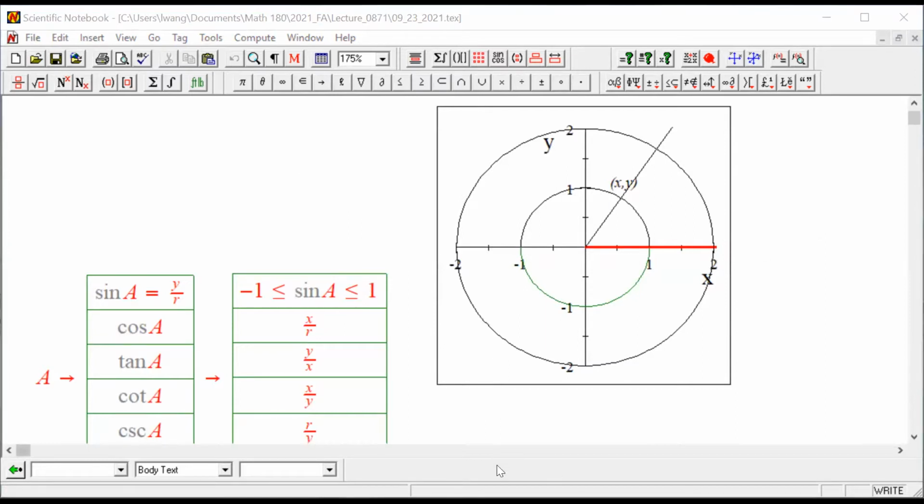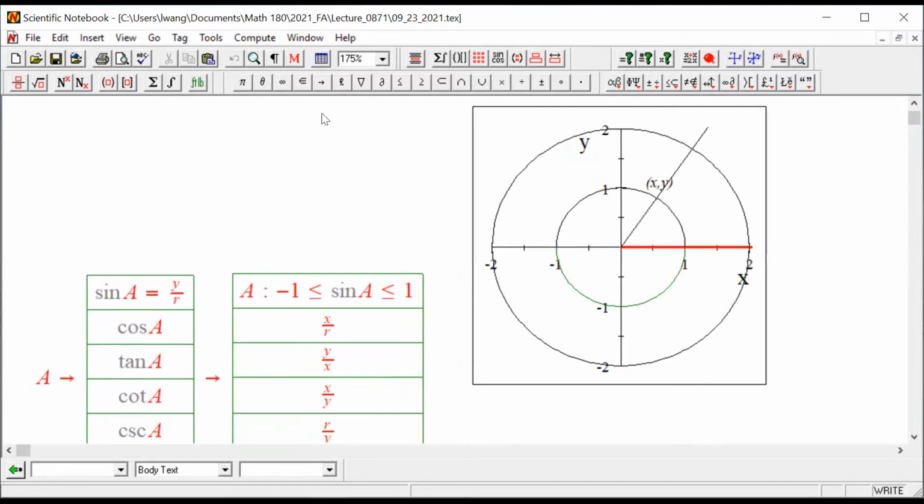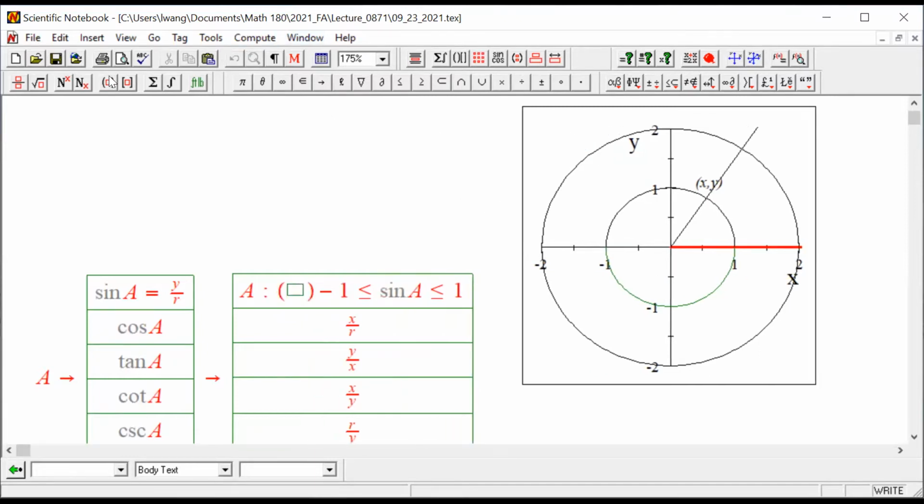So the domain and range are already told. Domain, it can be any angle because you can measure any angle counterclockwise or clockwise. Clockwise, you get a negative angle. Counterclockwise, you get a positive angle. There's no limitation on which angle you can use. Therefore, the domain for sine is all real numbers.